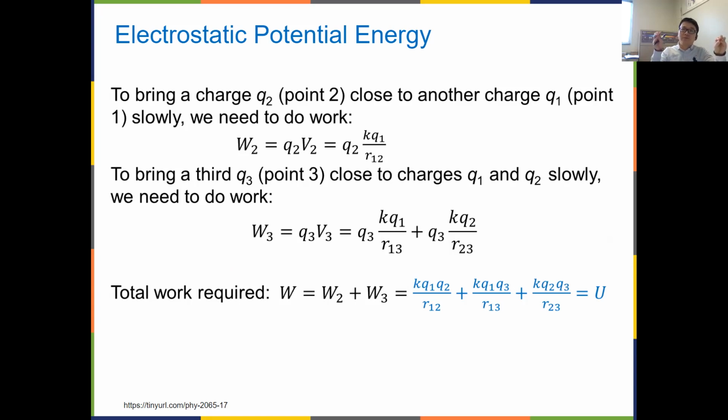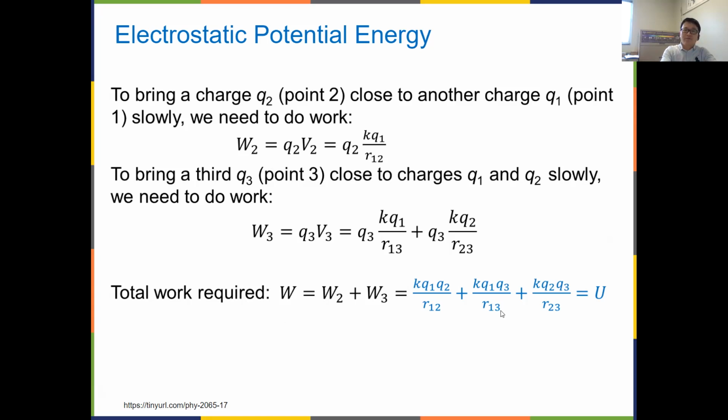But if you want to bring in the second one, there's work against it because there's an electric field from the first one. When you bring the second one in, there will be work done. You can calculate that, and then when the third one comes in, there'll be work done on the third one by those two charges already in space. Okay, so you can calculate that way.